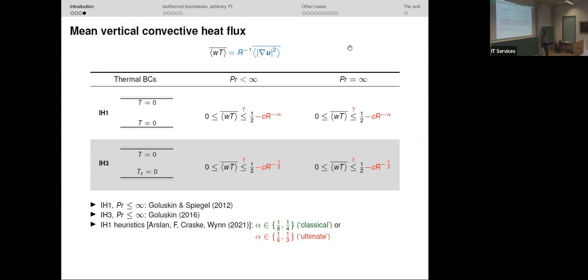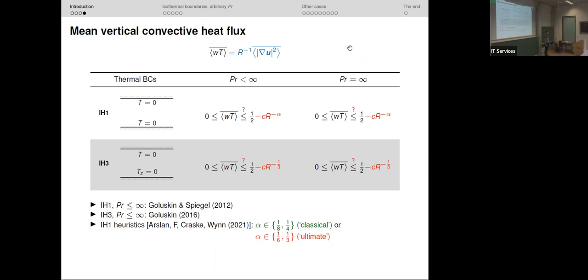So we have the temperature derivative plus u dot nabla T equals Laplacian T. This will be the standard heat equation, but now we have a +1. And so this +1 is what makes it hard to relate things between the thermal dissipation and the WT.